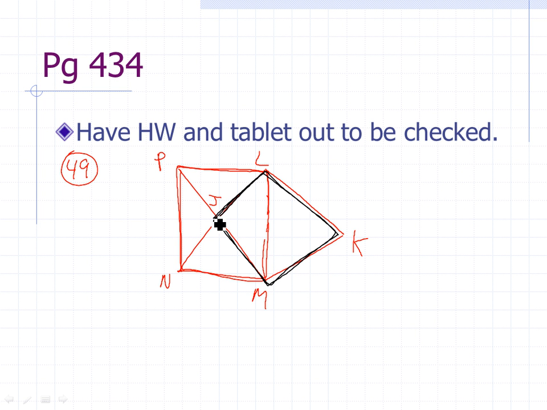And 49 says angle PLK, that's this whole angle right here, is 110. And they want us to find angle LKM, which is out here. So that's the angle we're looking for.